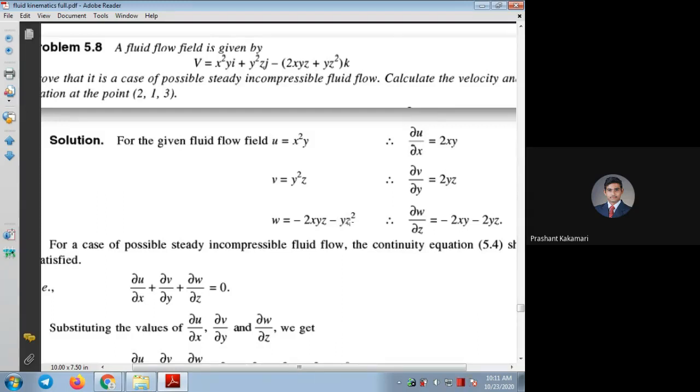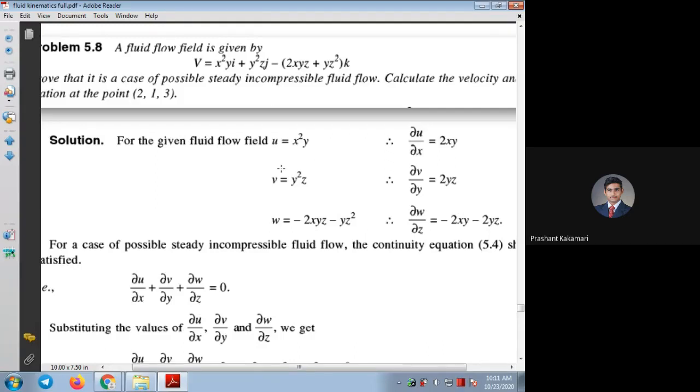Like this you can differentiate and keep the terms ready, so that you can substitute directly in the velocity or acceleration, or in the continuity equation also. Now coming to the continuity equation for the given case, we need to prove that the summation of the differentiation of all these three terms will be 0 for a steady flow and incompressible fluid.